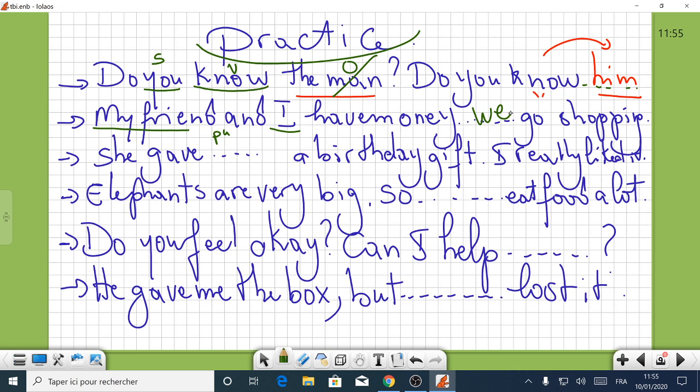The next one, please. She gave a birthday gift. And here we have I. I here is a subject pronoun. I really liked it. But here we have subject plus verb. So what do we need? Object for I. It's me. What do we say? She gave me a birthday gift. I really liked it. The next sentence we go and see.